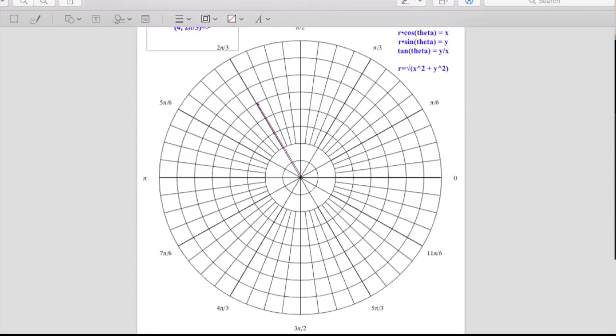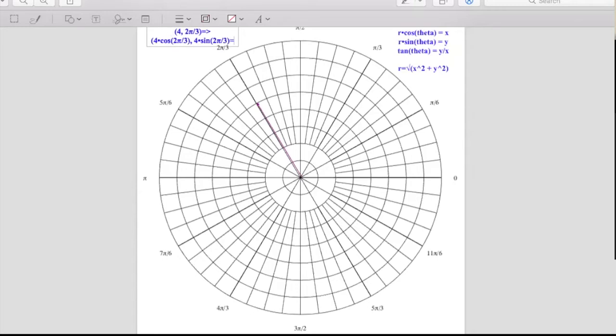So it's 4 times the cosine of 2 pi over 3, comma, 4 times the sine of 2 pi over 3.